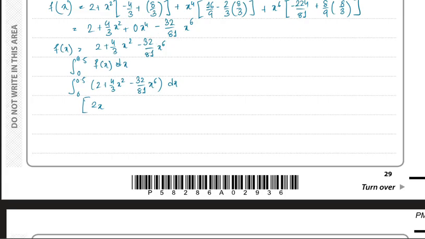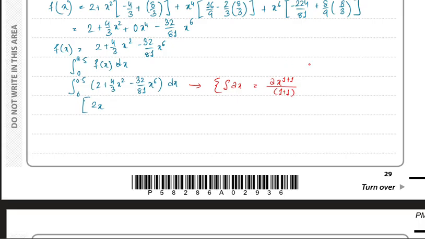So let me just write it here. Integration of, for example, ax would be, x is x to the power 1, so 1 plus 1 divided by 1 plus 1.